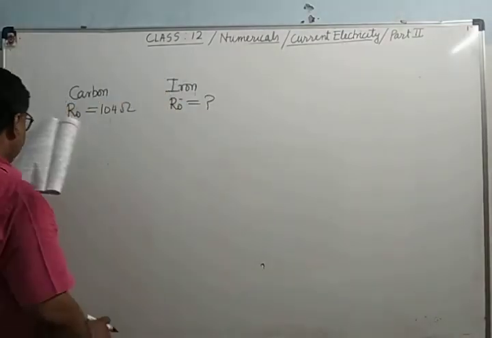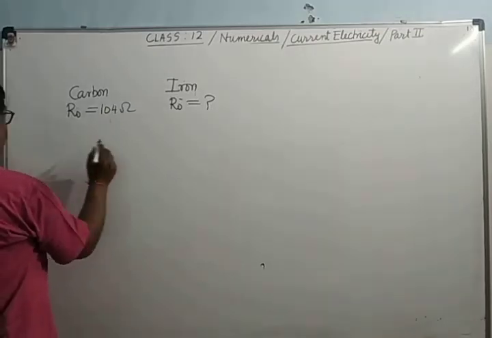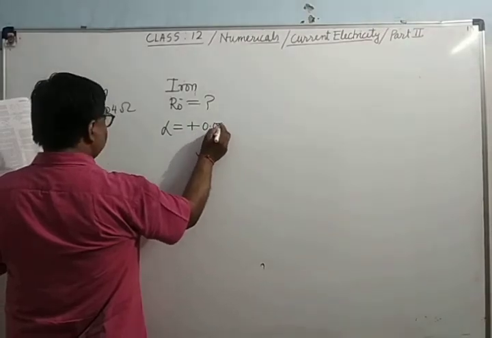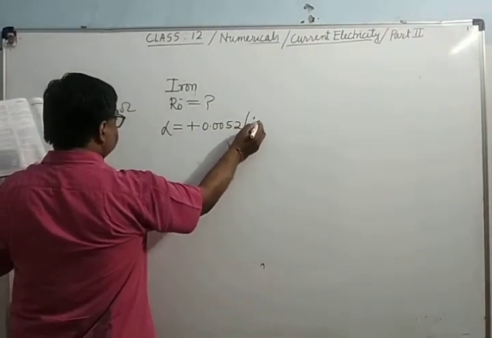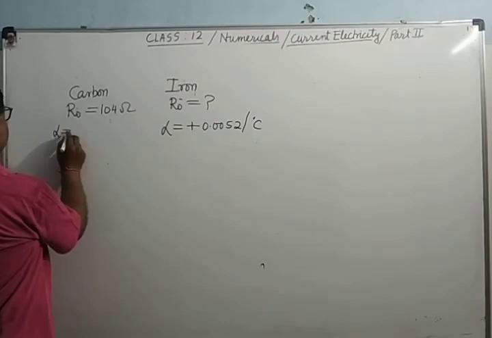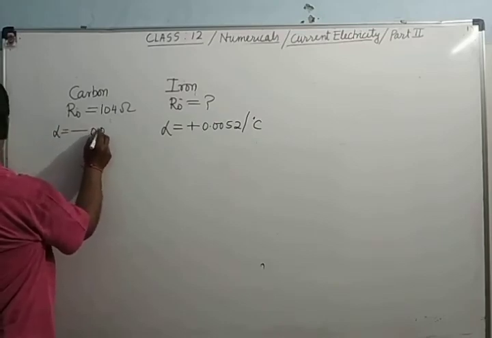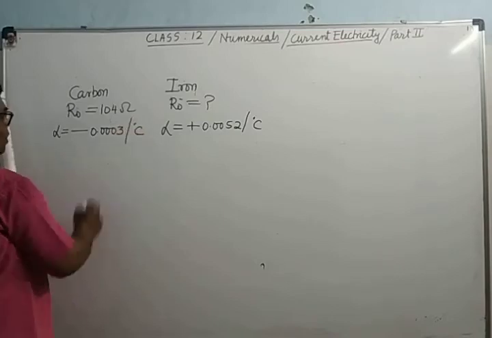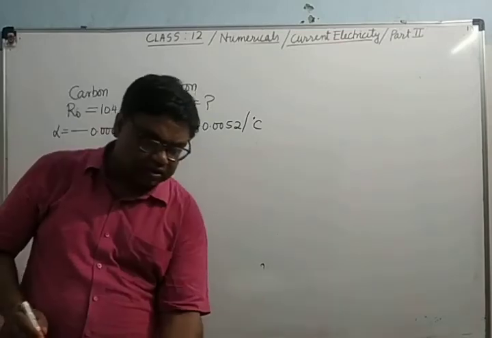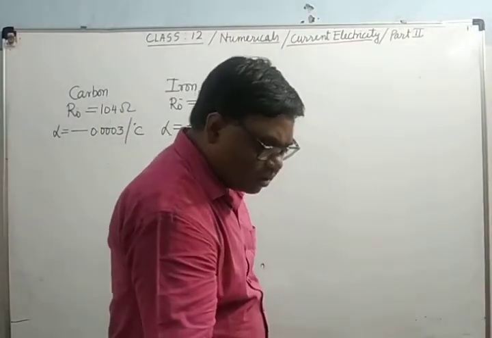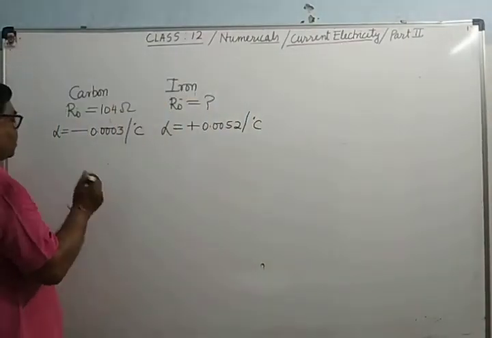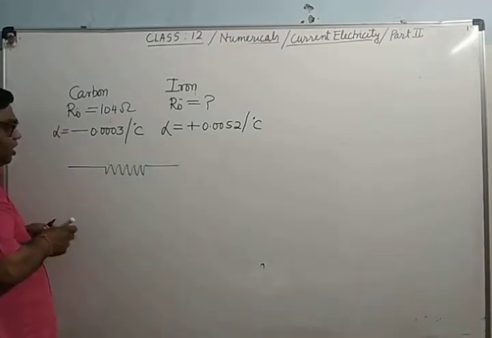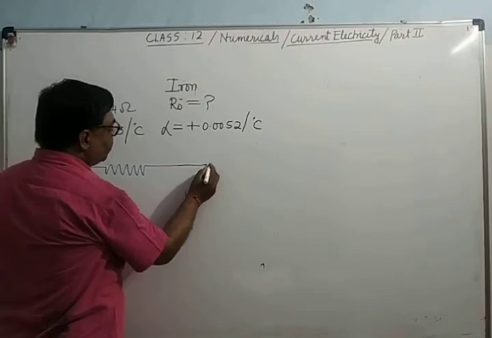The alpha for iron is given as 0.0052 per degree Celsius, and for carbon it is given as minus 0.0003 per degree Celsius. It's clear? Now see here, it is like this. This is the carbon filament, and this is the iron filament.